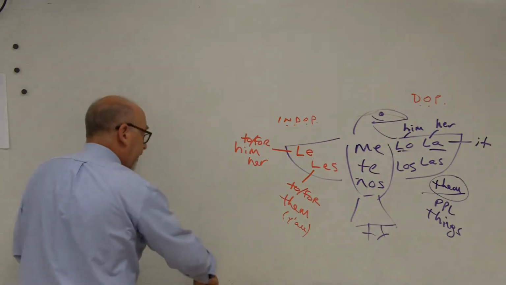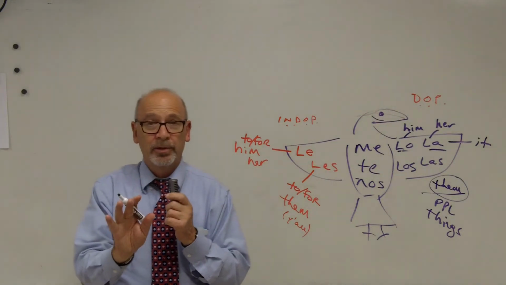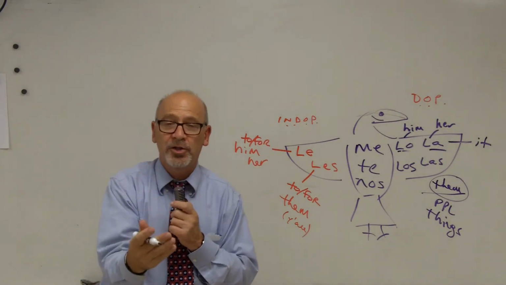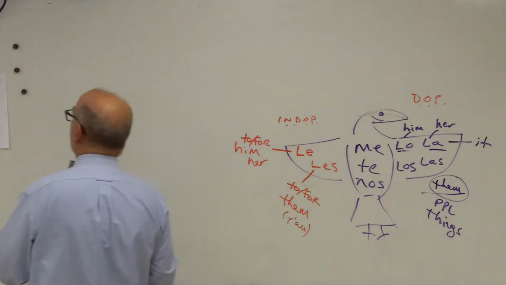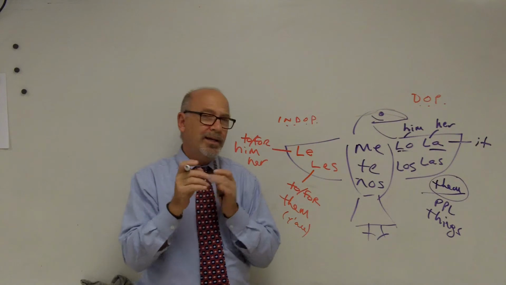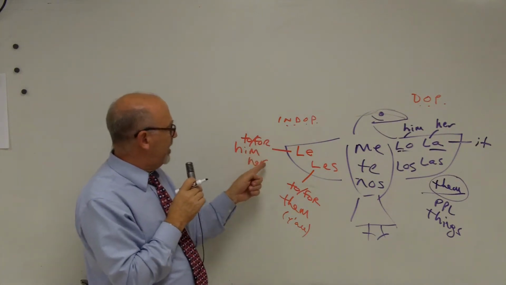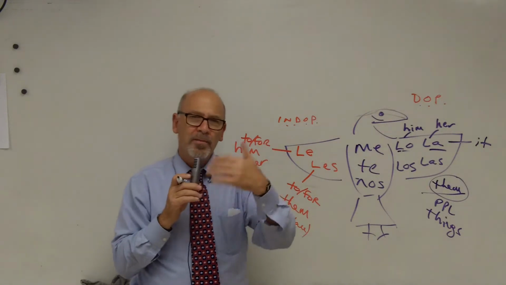All right, now, let's take a look at this. We're going to keep it much simpler for these sentences that illustrate how it works. We've got le and we've got les. We're not necessarily going to say to him or to her or to or for them. We're going to mix it up a little bit.